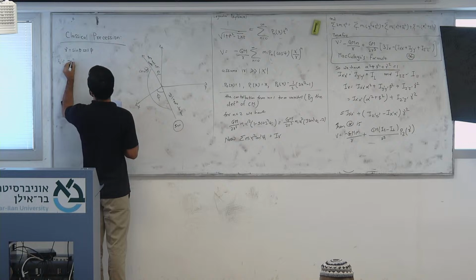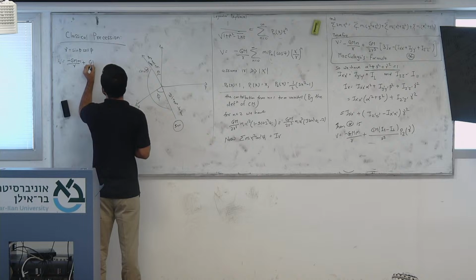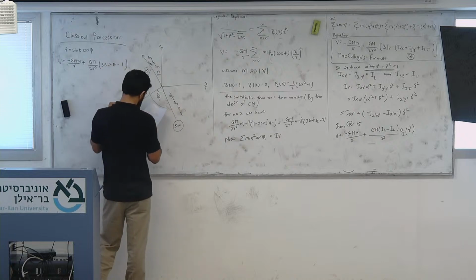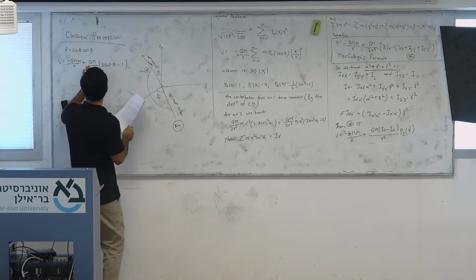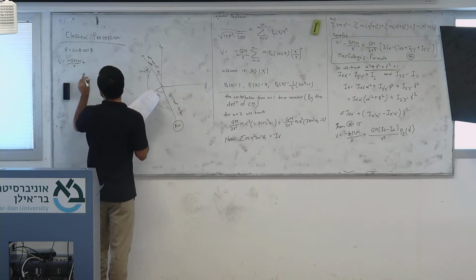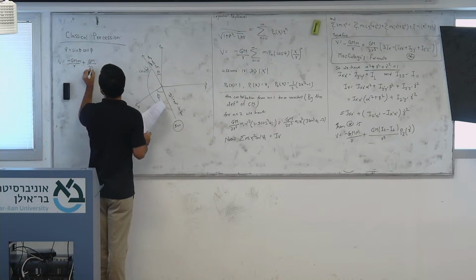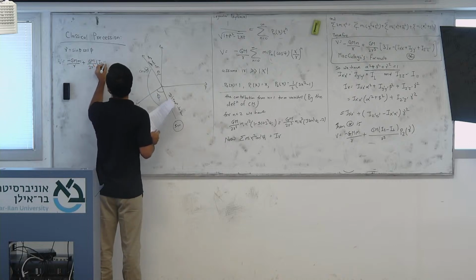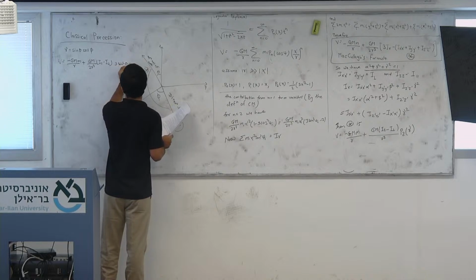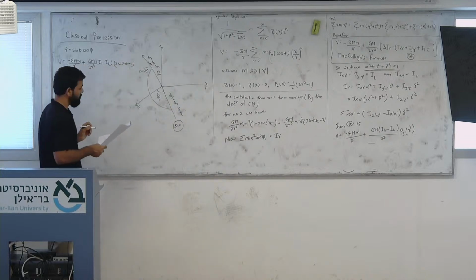So we have V equals minus G m over R plus G m over 2R cube, I parallel minus I perpendicular, into 3 sine square theta minus 1.